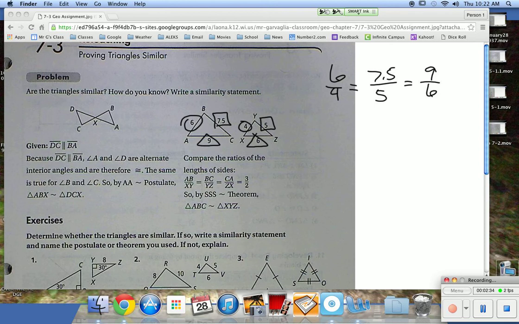What's another easy way to do this? Use a calculator. Just use a calculator and say, is 6 divided by 4, what's that on your calculator? 1.5. Is that equal to 7.5 divided by 5? 1.5. Is that equal to 9 divided by 6, which is also 1.5.